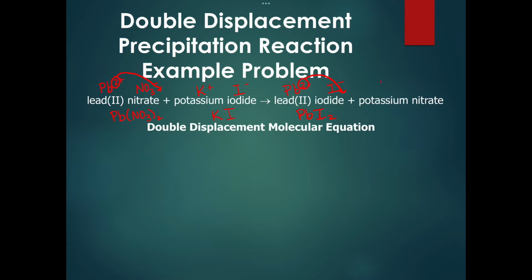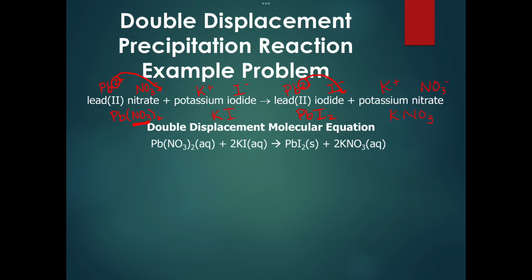And then for potassium nitrate, we have K+ and NO3 minus. These are equal and opposite, so we get KNO3. So then we can write our reaction. We see that lead nitrate is aqueous because it contains nitrate, and nitrate is always aqueous.